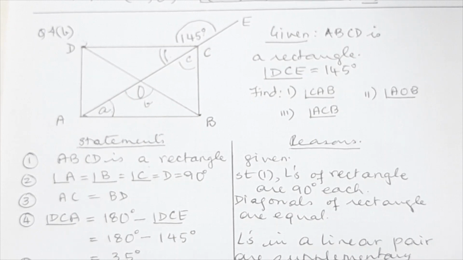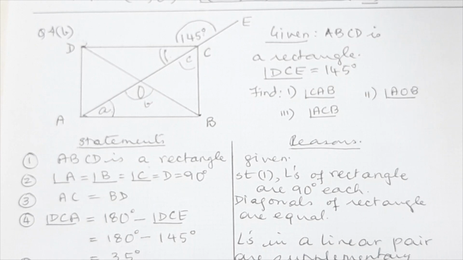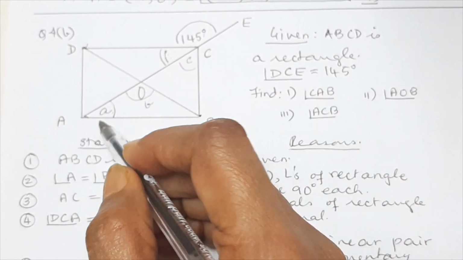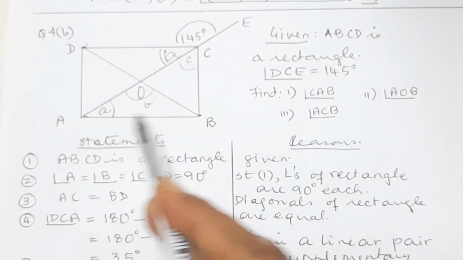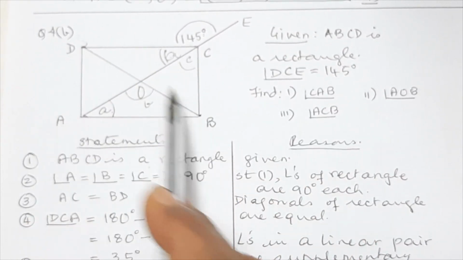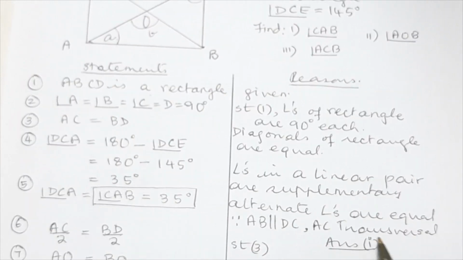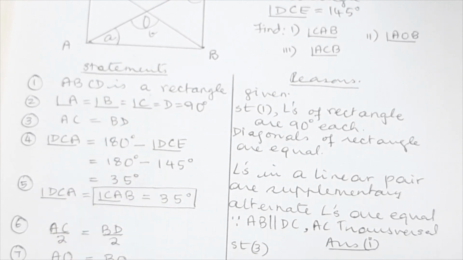And so angle DCA, that is this one, will be equal to angle CAB, that is this one. This and this, they will be A and A because they are alternate angles. Why? Because your AB and DC, they are parallel to each other, and so we will have alternate angles equal and that's why even angle CAB will be 35 degrees.